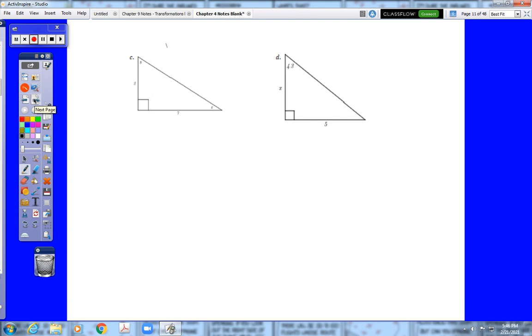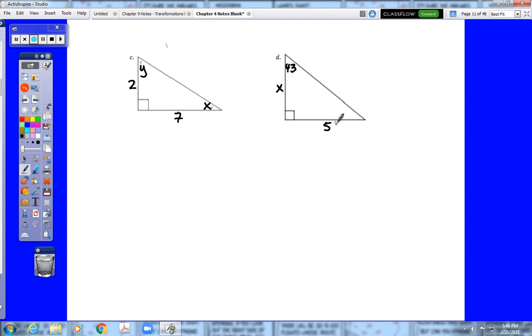Okay, keep going. Again, pause the video, try them on your own, and then resume the video to see how you did. All right, let's see here. There's a y here. This is 2, this is 7, and this is x. This is x, this is 43, this is 5.